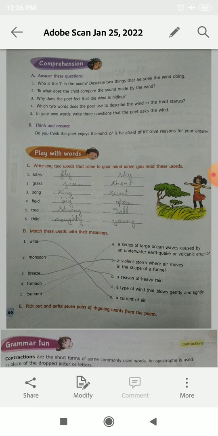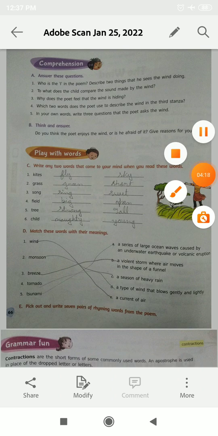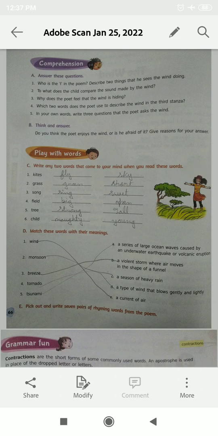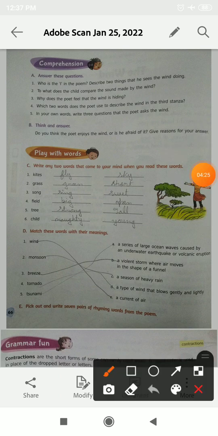The answer is: the questions that the poet asked the wind are, such as, is it strong and cold, and is it young or old? Once again listen carefully. The questions that the poet asked the wind are, such as, is it strong and cold, and is it young or old?